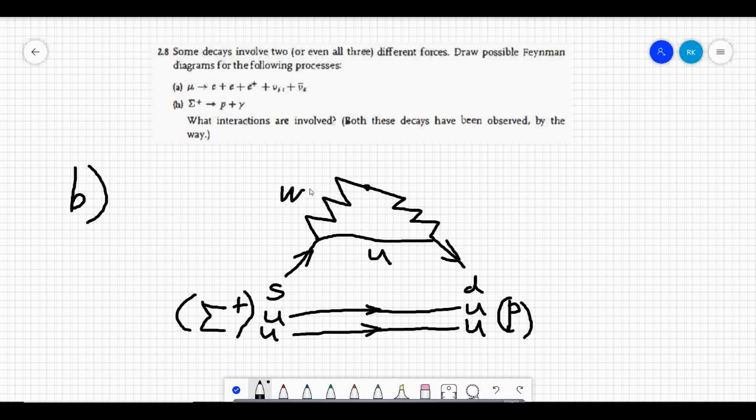So there's our W minus, and we can wrap this up nicely by including the photon, because that's really all that's left, right? And the photon will be swinging like this to the right, and there you have it. You have the sigma plus decaying into the proton and a photon. Excellent.